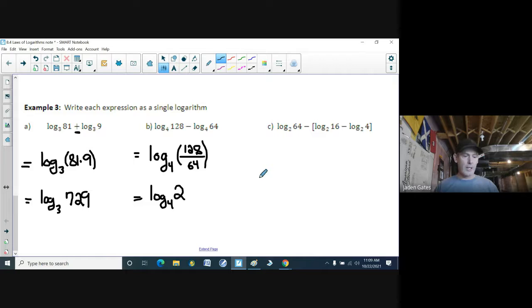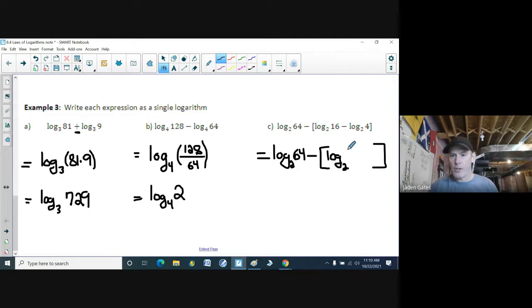Now in C, it gets a little more complicated, so I got to follow BEDMAS like normal here. I'm going to figure out what's in our square brackets first. So I've got my log base 2 of 64, subtract. Now in square brackets here, I'm going to write all that expression inside the square brackets as a single log. Again, it's subtraction, so I'm going to write log with base 2.